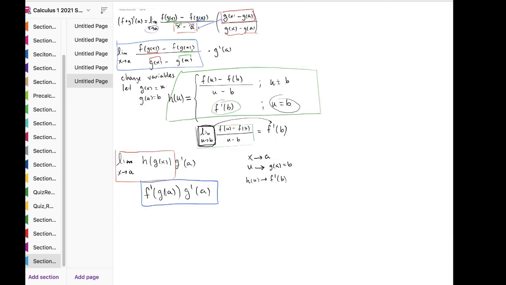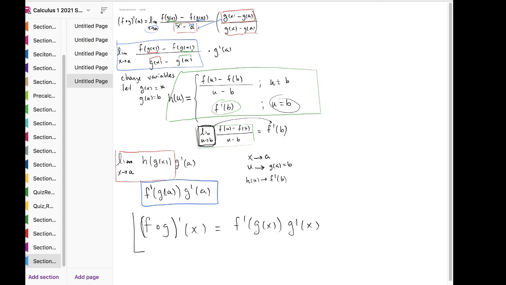This is called the chain rule. So f of g prime of x is equal to f prime of g of x, g prime of x.